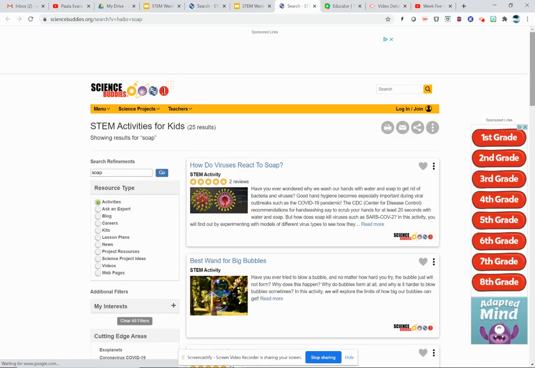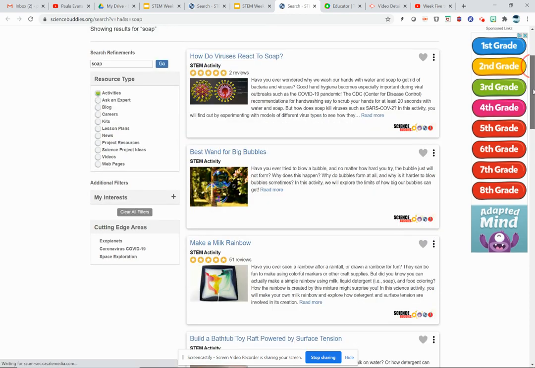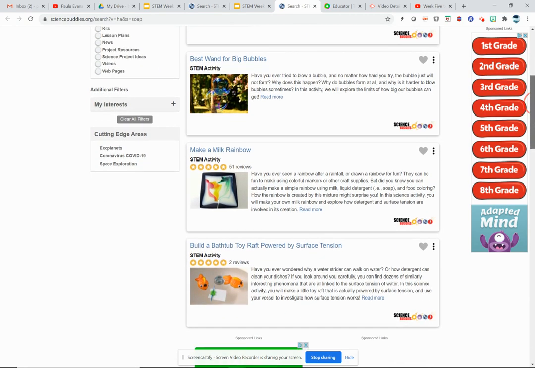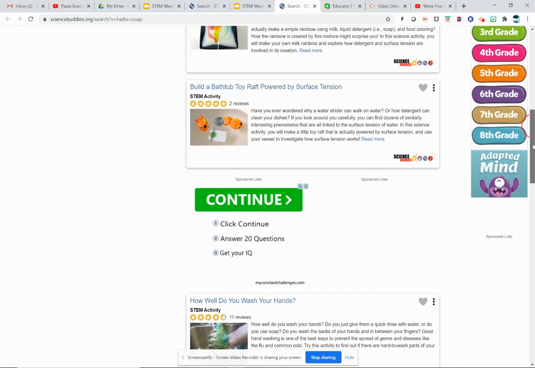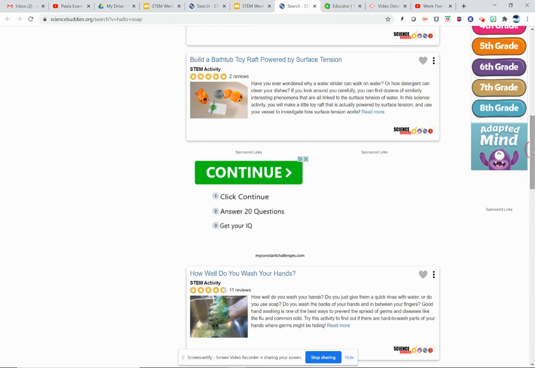So if you go there, there are some STEM activities. Some of them have to do with bubbles. I was really impressed during the scientific method. A couple of people already made a milk rainbow, and that was really cool. So if you would like to try something like that or something similar, that is one option.